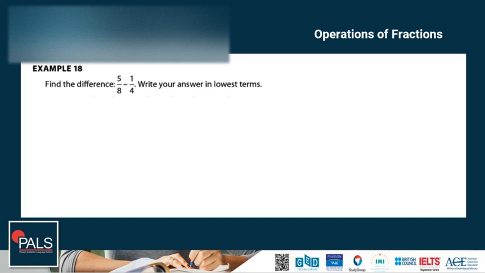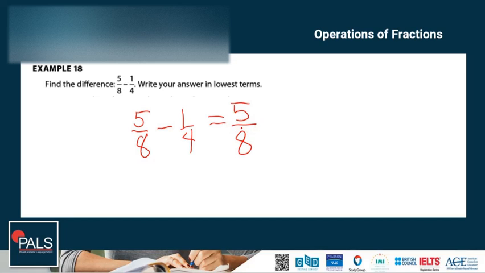To rewrite 1 over 4, the numerator and the denominator must be multiplied by 2. 5 over 8 minus 1 over 4. The common denominator is 8, because 8 can be divided by 4, so we have 5 over 8.